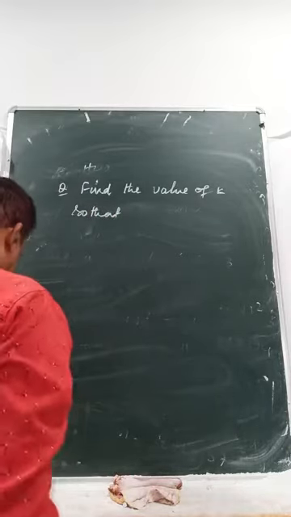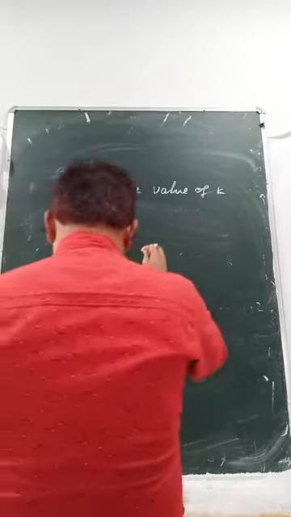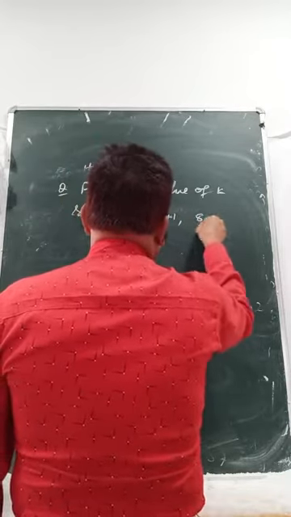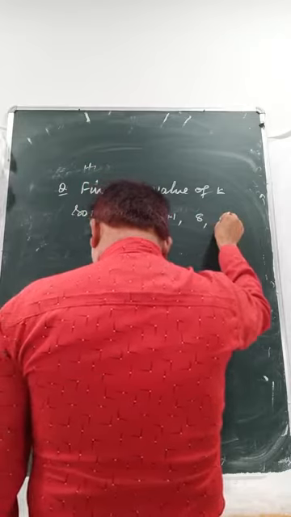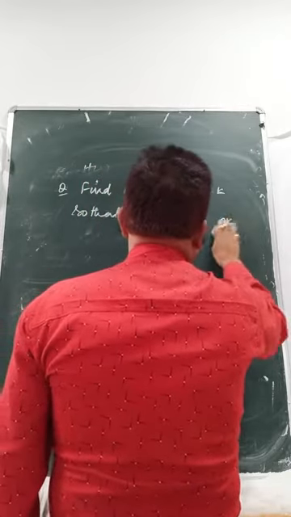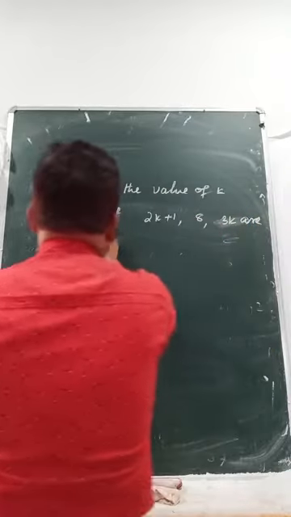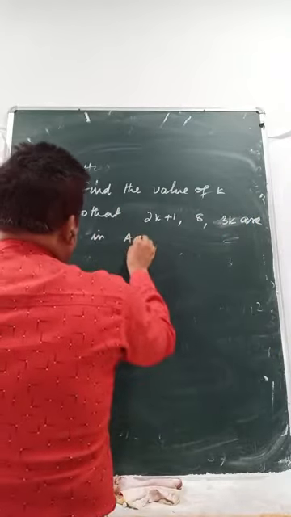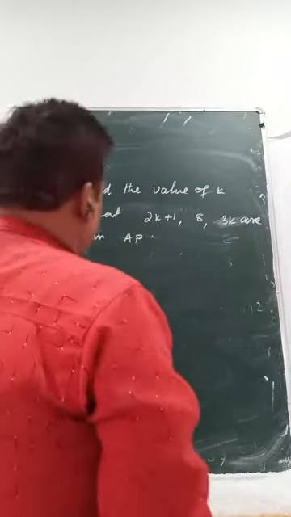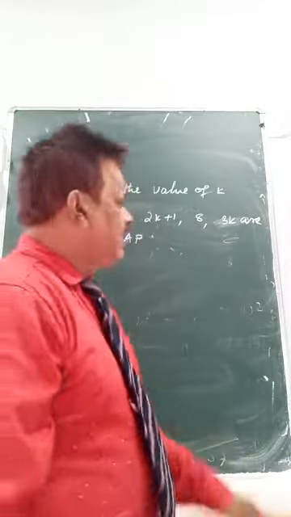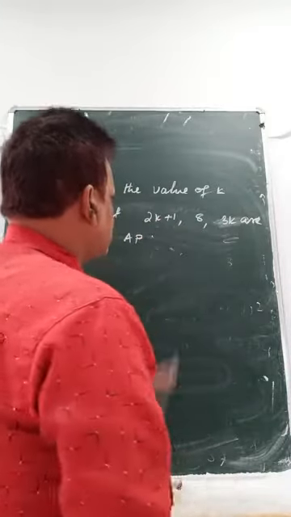Try to remember. 2K plus 1, 8, 3K are in AP. So terms are AP. How to know? What is the formula? The common difference is same.